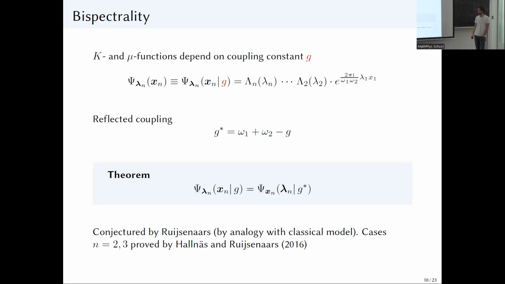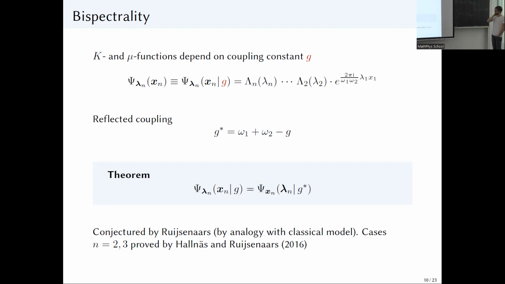And if we also define the so-called reflected coupling, G star, then it turns out that this integral, which is a big multiple integral, has a peculiar symmetry when we interchange the x and lambda variables, and when we also reflect the coupling constant G to G star. So this is kind of the self-duality that was mentioned previously.